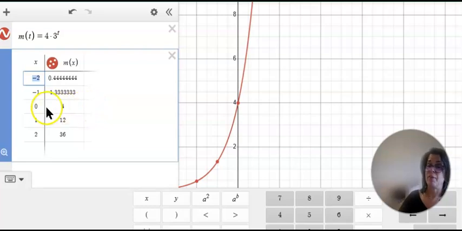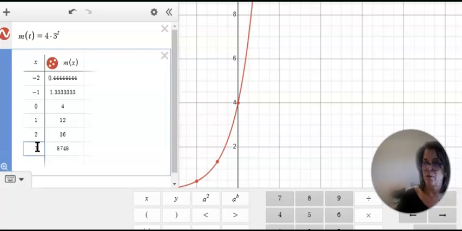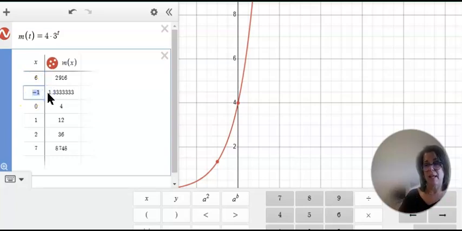But what it's saying is if you plug in a 0, you get out a 4. Input, output. If you plug in a 1 for t, and do the math, you get 12 as your answer. Input, output. And you can add rows. If I want to know when it's 7, it tells me the answer. And if I want to change one of those because negatives don't apply, I can put in 6. Okay, so the graph will be what it is, you'll have to determine whether it applies in that context.